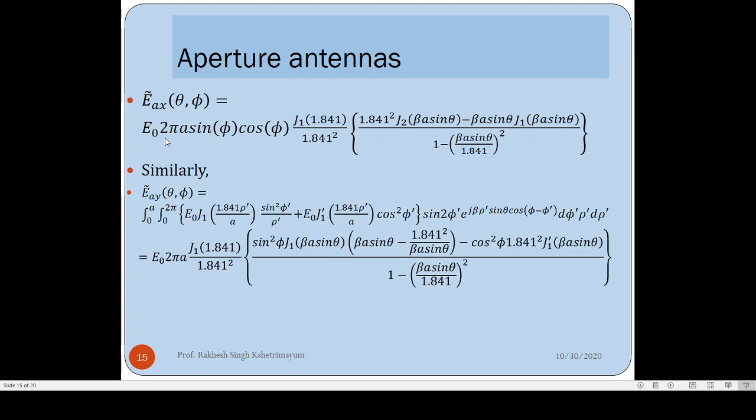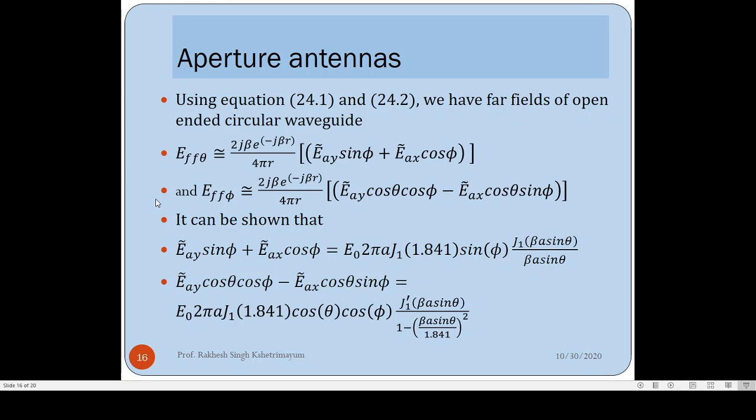So this is the Fourier transform of EAX, and of EAY. Now you use equations 24.1 and 24.2 to find the far fields of the open-ended circular waveguide. The multiplication factor of two is from the method of images. This is the usual expression you have for the electric field in the far field of the aperture antenna, theta and phi component.